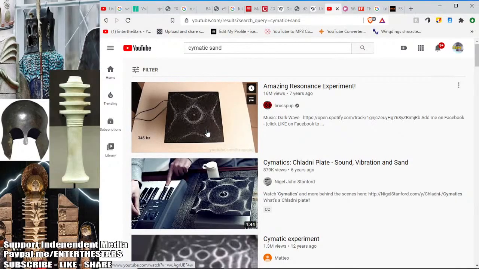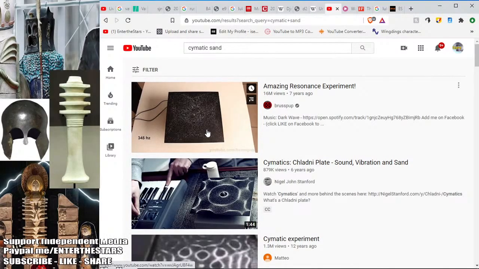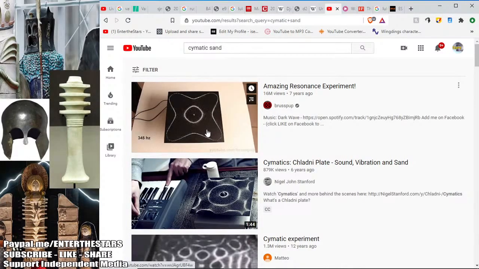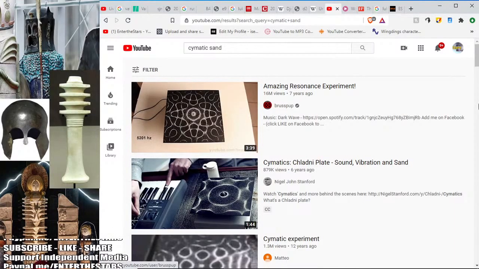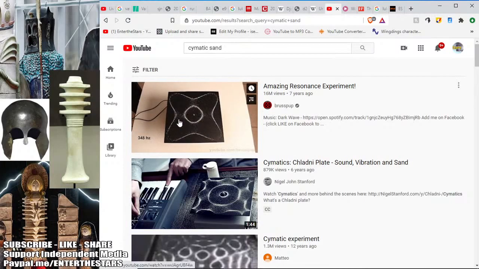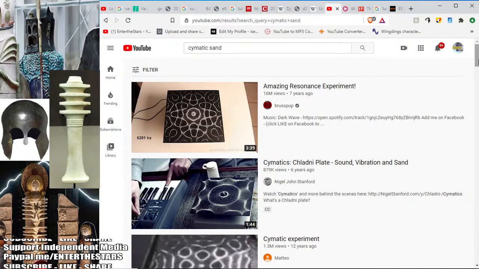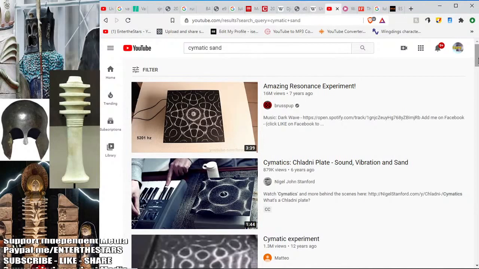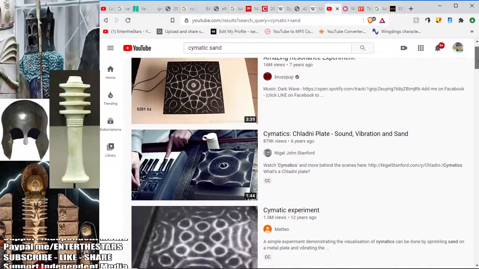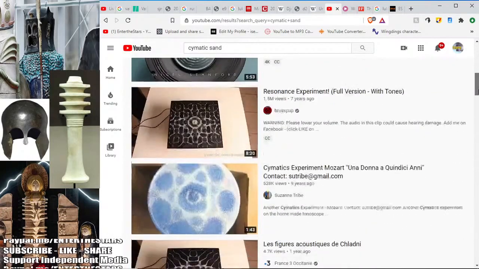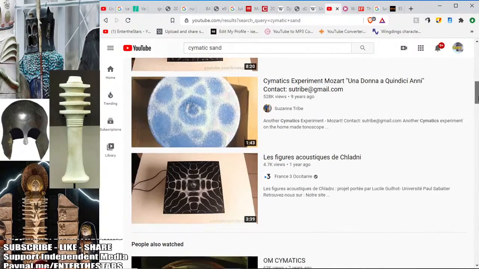All this is sound sent through sand. And it self-organizes. Not self. We know where it comes from, right? It's God. It's a reflection of God's voice. And these become the microstructures of creation. If you look through a microscope, you'll see these shapes and patterns existing in the very creation. This is our reality.